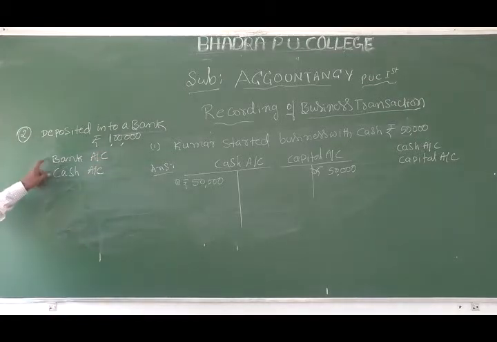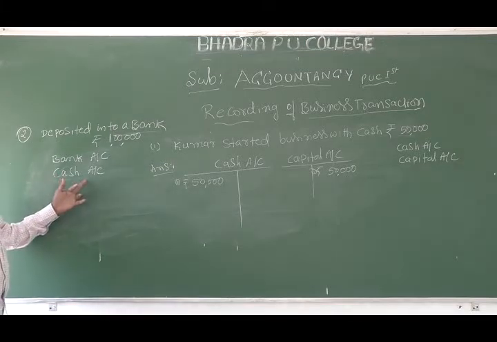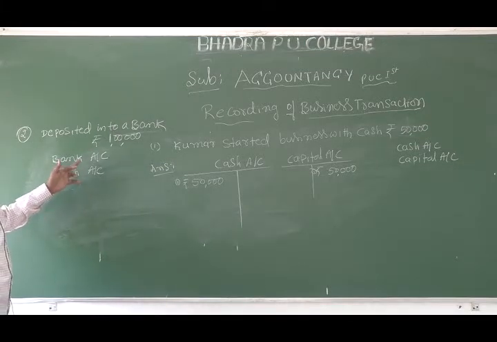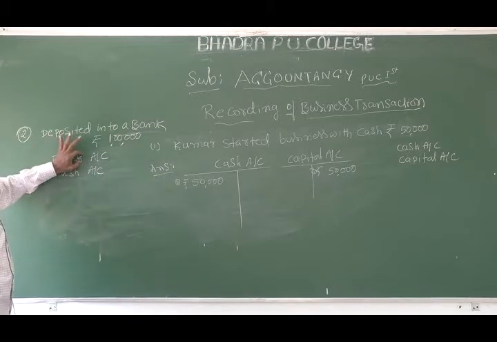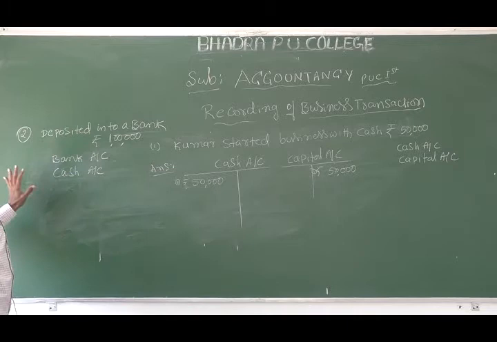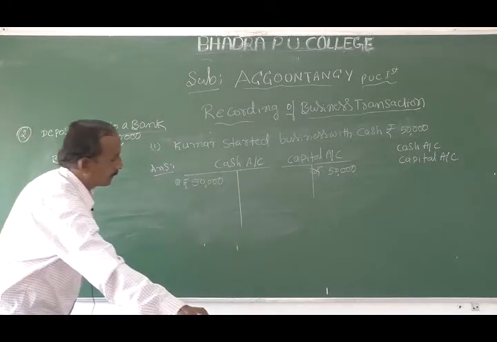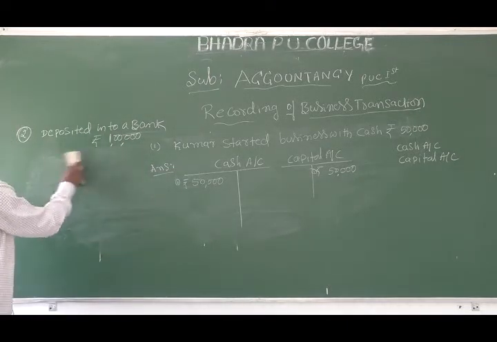According to the English system of accounting, bank is a personal account and cash is a real account. According to the American system, cash decreases and the bank account increases. Two accounts must be involved in each and every transaction.